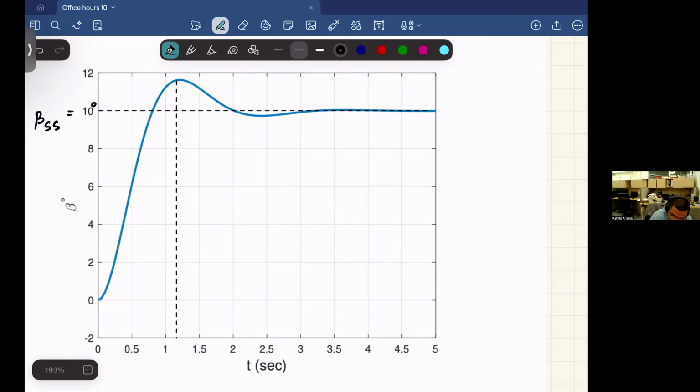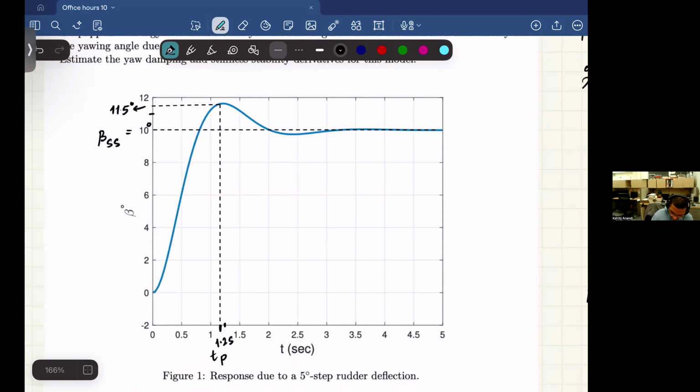It doesn't have to be very exact, but obviously it can't be very off. I would say this is somewhere between 1 and 1.5, so I would tag this as 1.2 seconds. This is my time of the maximum overshoot, and this is somewhere between 11 and 12, so I will call this 11.5 degrees is my maximum overshoot.